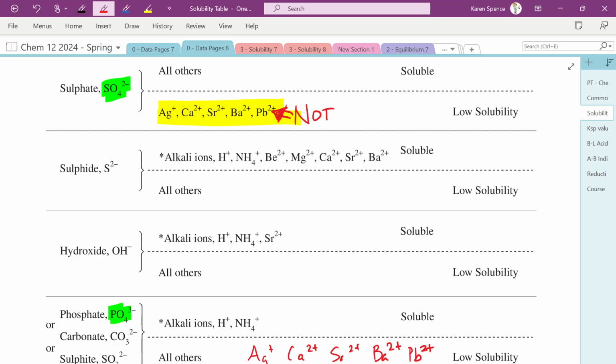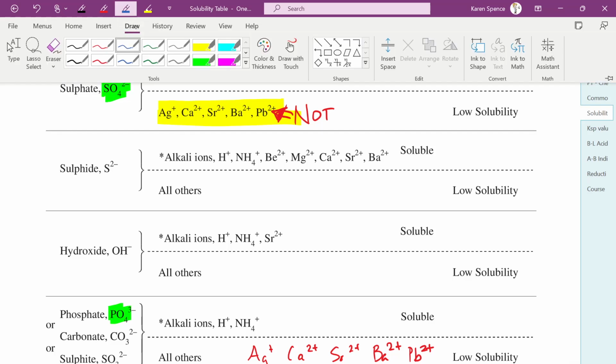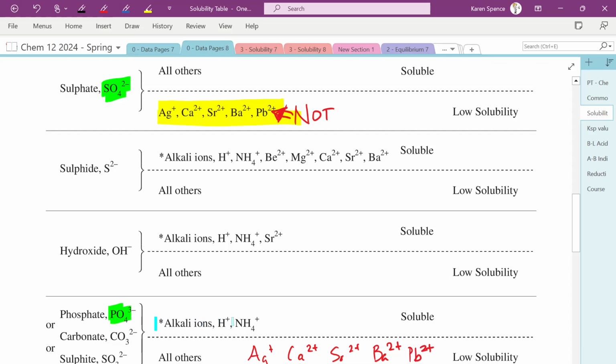Are there any other ions that are not a good choice? Alkali ions, H+ ions, and NH4+ ions. So all of our alkali ions, the H+ and the NH4+, are up in the all others. They are soluble for both, right? Silver, calcium, strontium, etc. will precipitate both.